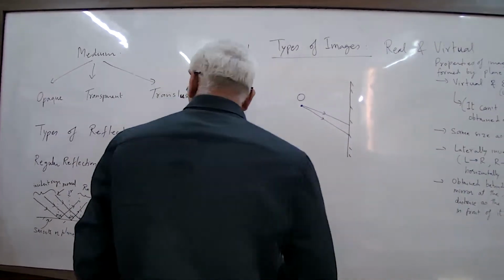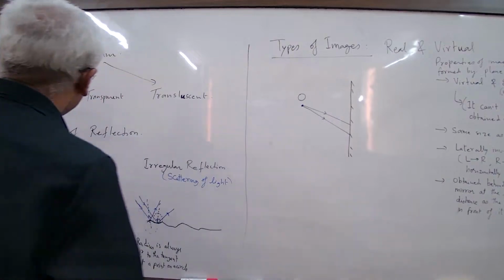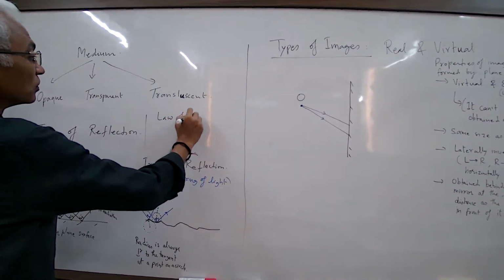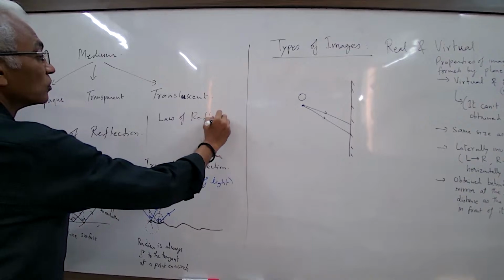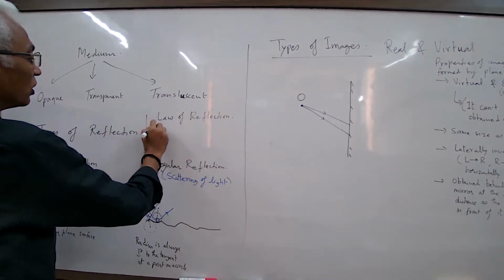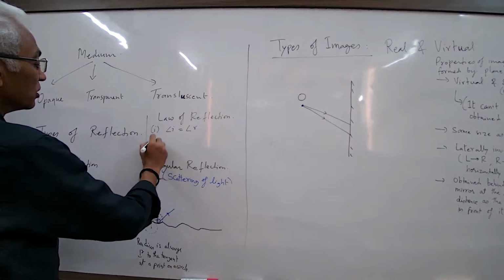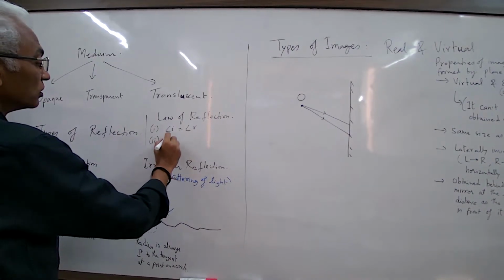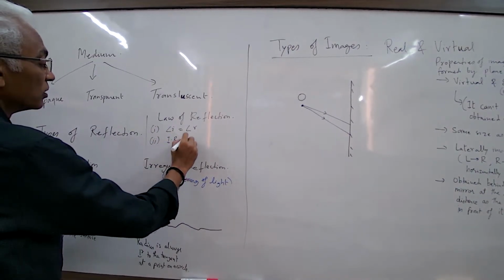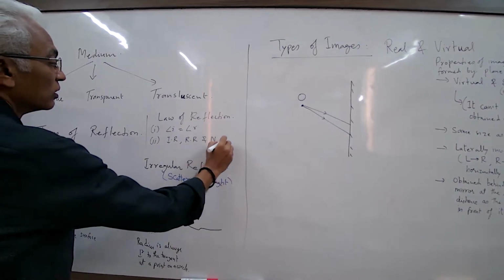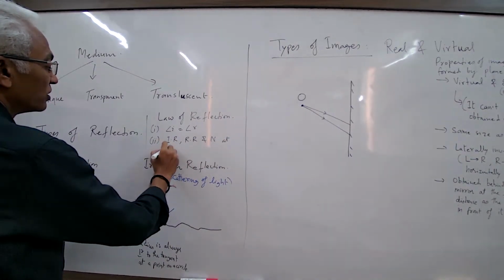Now apply the law of reflection. What is the law of reflection? One, angle of incidence is equal to angle of reflection. Two, the incident ray, the reflected ray, and the normal lie in the same plane at the point of incidence.